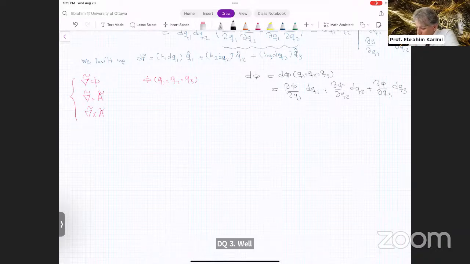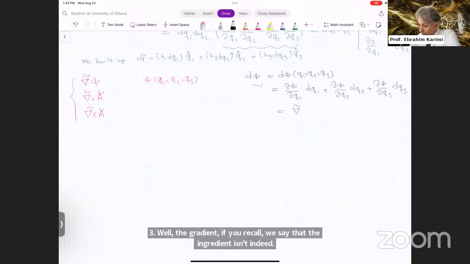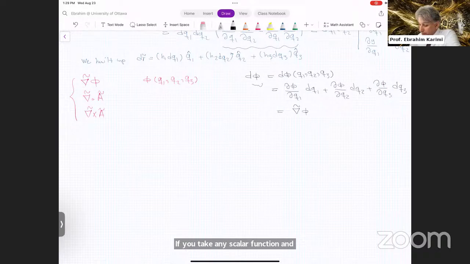Well, if you recall, the gradient is such that if you take any scalar function and change it, the result will be gradient dot dr.